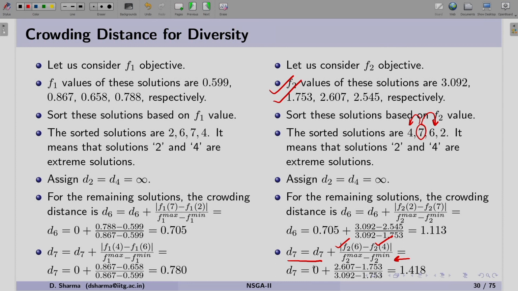Here this is a typo mistake. The same value which we have calculated earlier should be taken, and then we will get D7 as 1.141. So, till this step we have calculated the crowding distance for front 2.